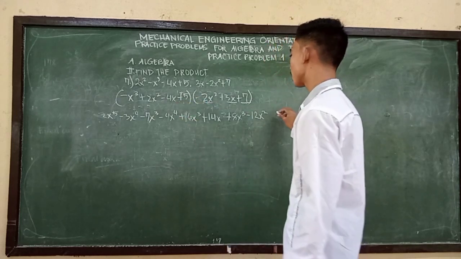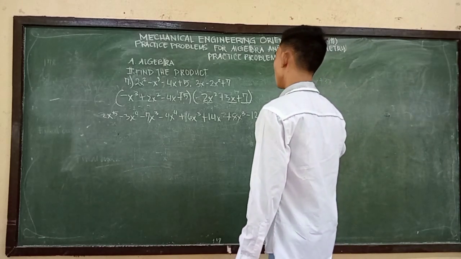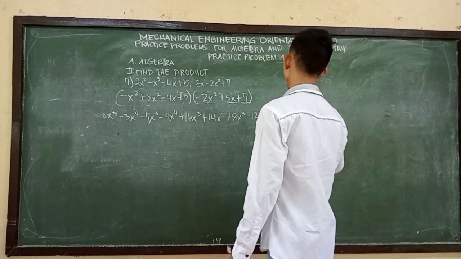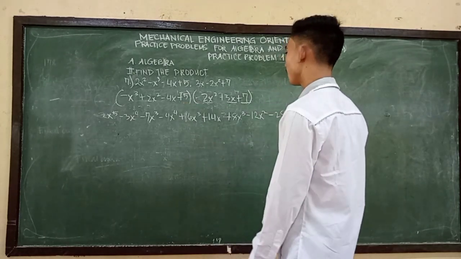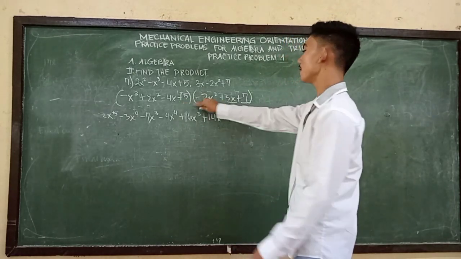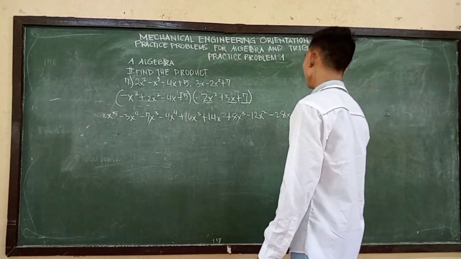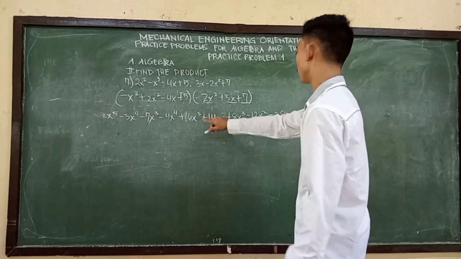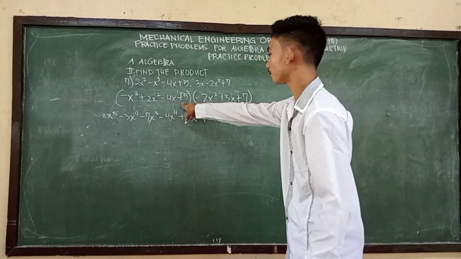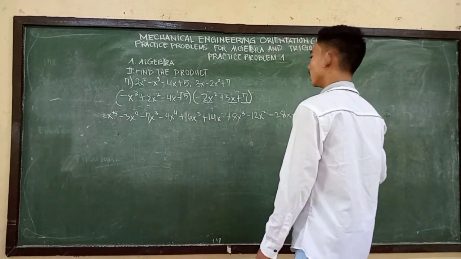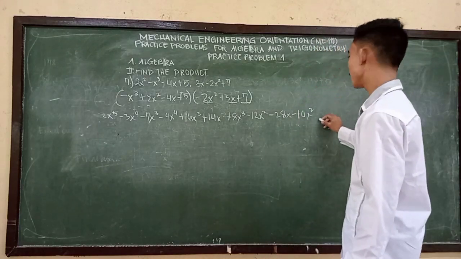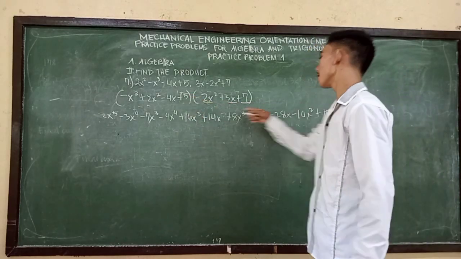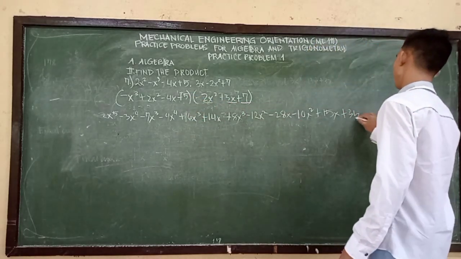Negative 4x times 7 will give us negative 28x, and then 5 times negative 2x squared will give us negative 10x squared. 5 times 3x will give us positive 15x, and then 5 times 7 will give us 35.